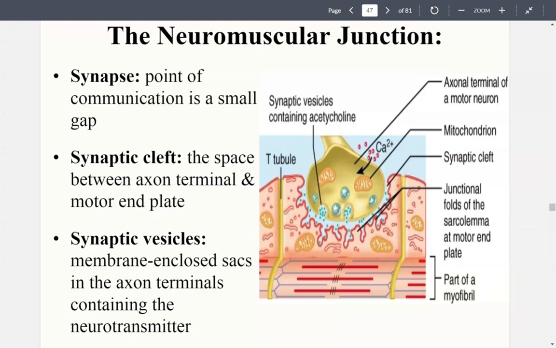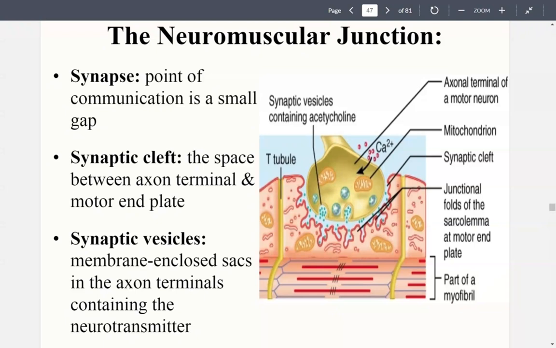Those neurotransmitters are stored in synaptic vesicles in the axon terminal of the motor neuron and are going to bind with the plasma membrane of the neuron, releasing their neurotransmitters, whatever that one may be, into this synaptic cleft, and those neurotransmitters will then diffuse across the gap to the receptors on the motor end plate.